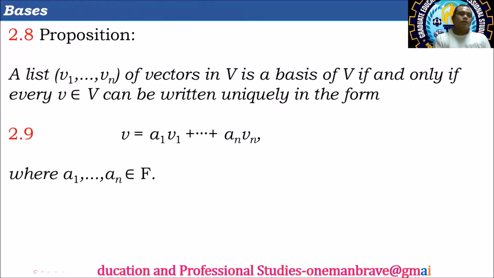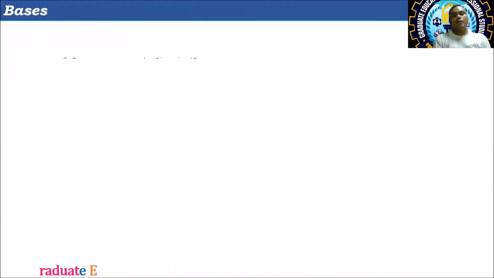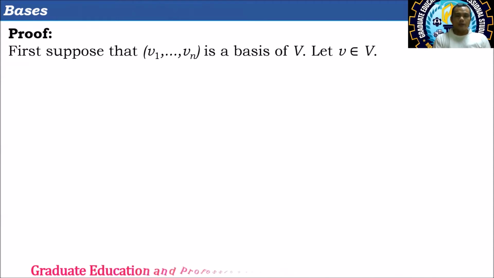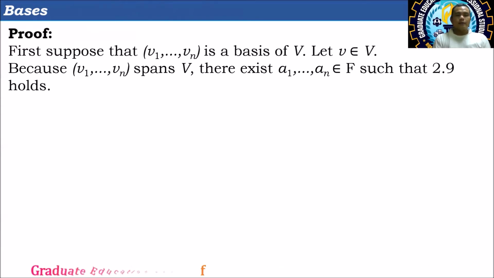Okay. So, a list of vectors v1 to vn in V is a basis of V if and only if every v element of V can be written uniquely in the form of v is equal to a linear combination a1v1 plus ... plus anvn, where a, of course, is an element of F. To prove that, suppose that v1 to vn is a basis of V. And let v be an element of V. Because the vectors span V, there exist a's, which are elements of F, such that 2.9 holds.